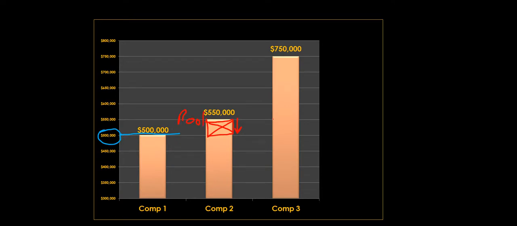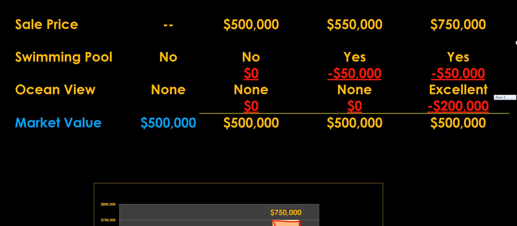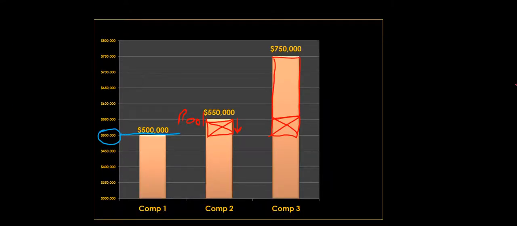For this Comp 3, we know that it has a pool, which is that same portion that we have to get rid of. We also know that it's got that excellent ocean view, which is this portion here. And scrolling back up for a second, you remember the pool is a $50,000 adjustment, and the ocean view is a negative $200,000 adjustment. So over here, we're going to get rid of this.